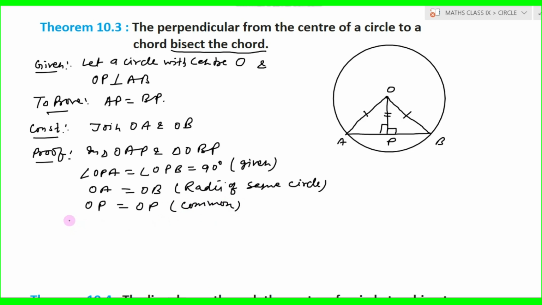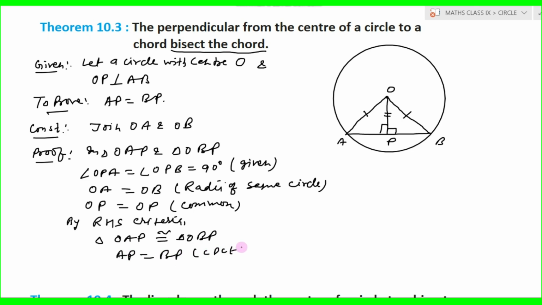Okay. So we find here, by RHS criteria, triangle OAP is congruent to triangle OBP, and if these two triangles are congruent, then by CPCTC all corresponding parts are equal. So we can write easily AP is equal to BP by CPCT, and hence proved. I hope you understood well. Thank you.